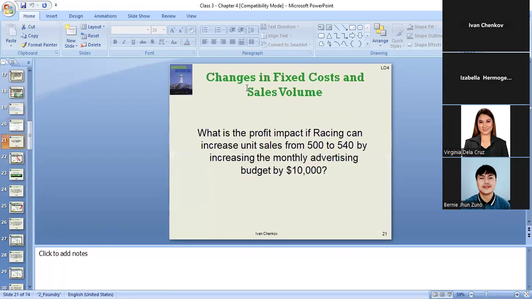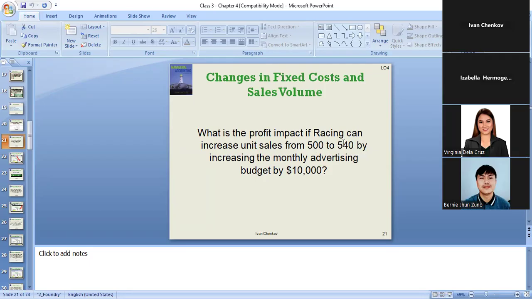Now, what's going to happen if we change the fixed cost, the sales and volume? What will be the impact on profit of this company if they increase the sales from 500 to 540 by increasing the monthly advertising budget by $10,000? Well, we already know that per unit they're generating $200.